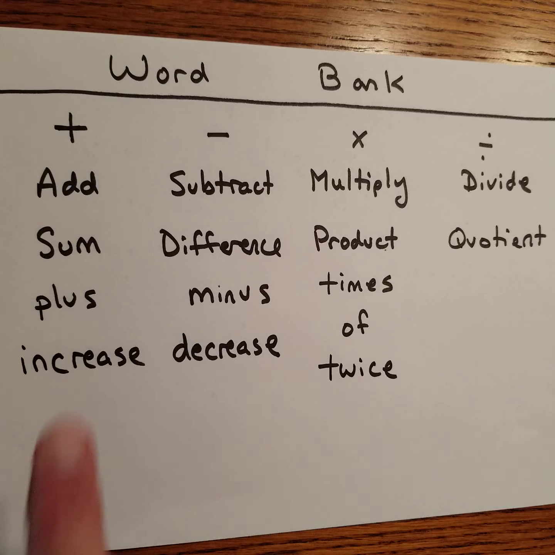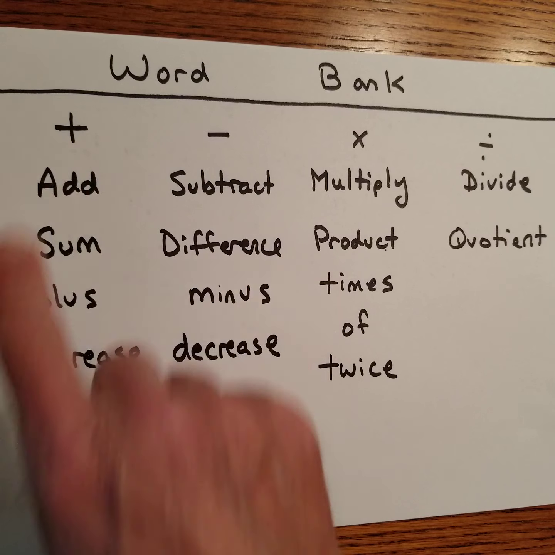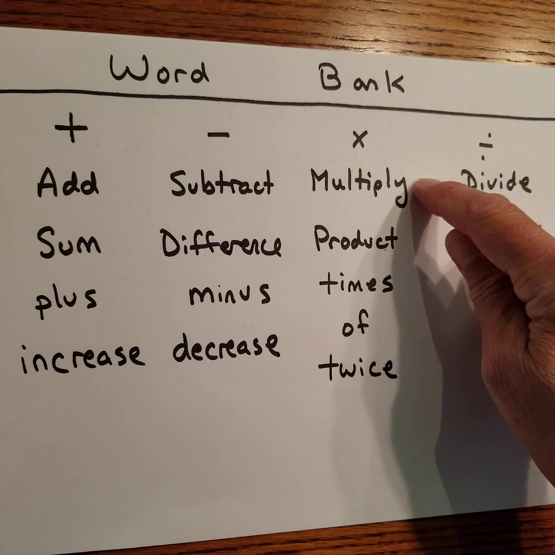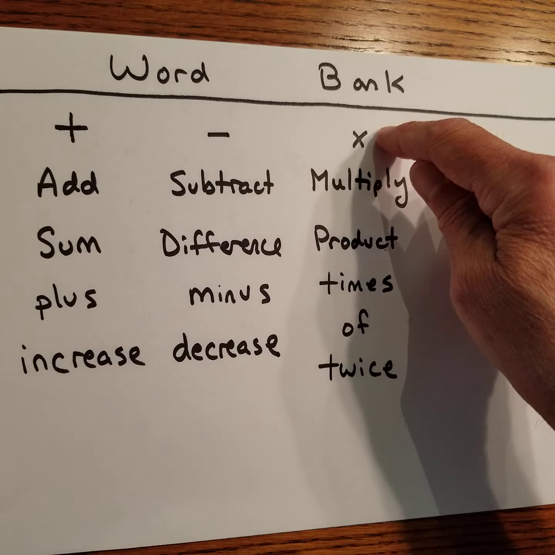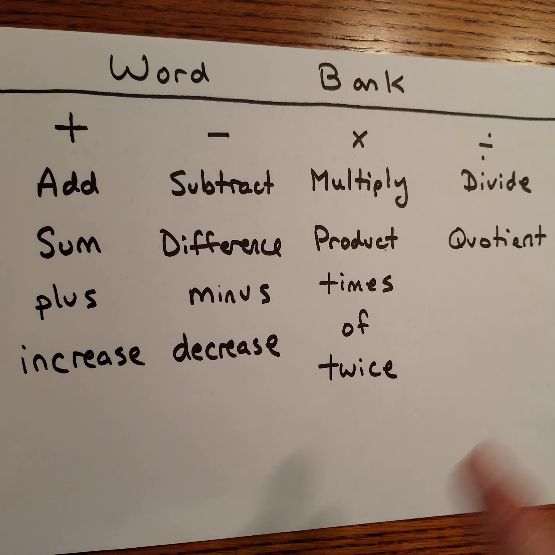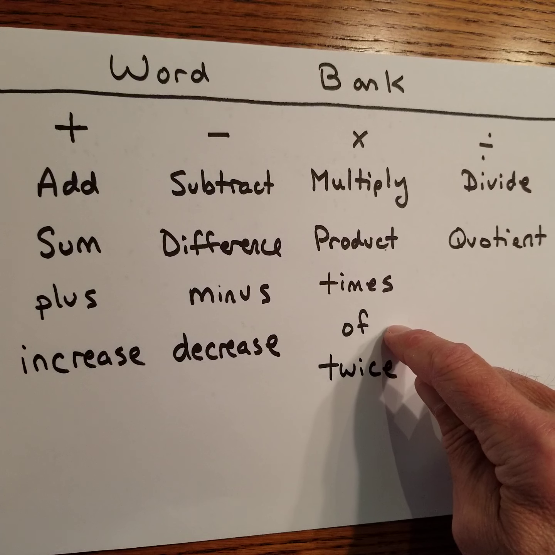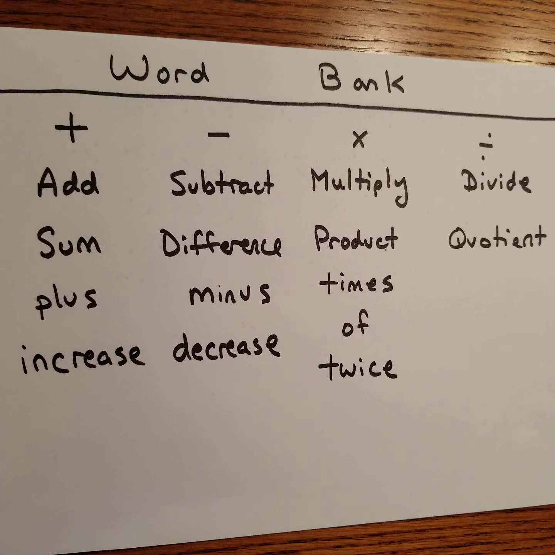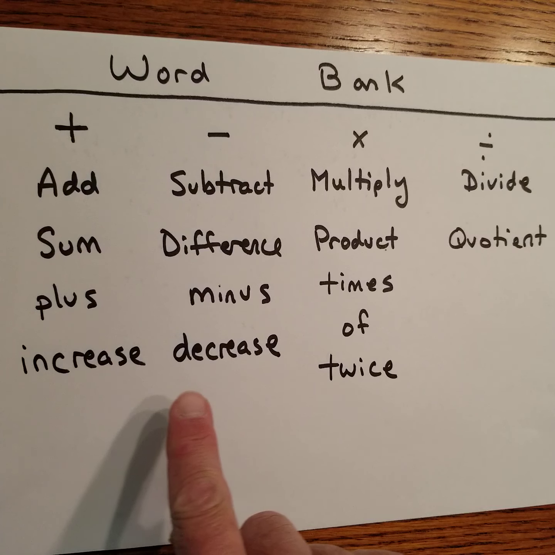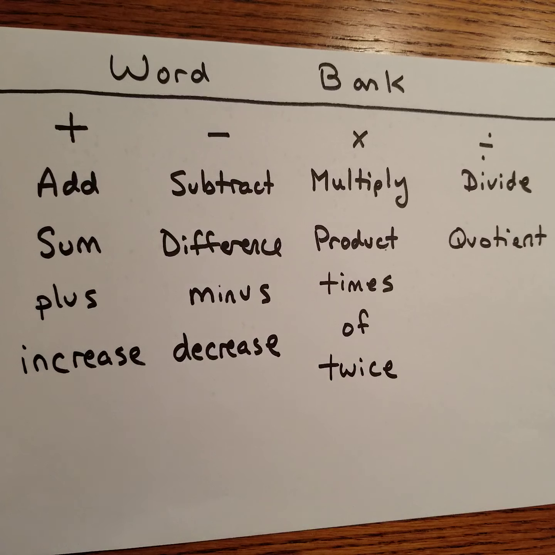Surely when you see the word sum or add, you think plus. Multiply or times, you think multiply. Quotient means divide. Do you remember that product and of mean multiply? And increase and decrease go with add and subtract.